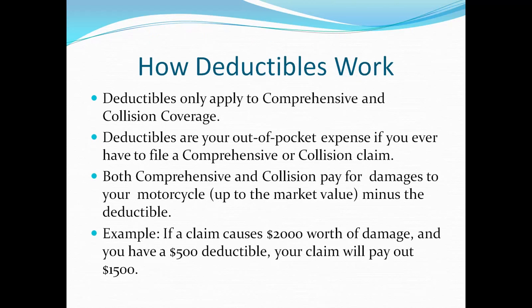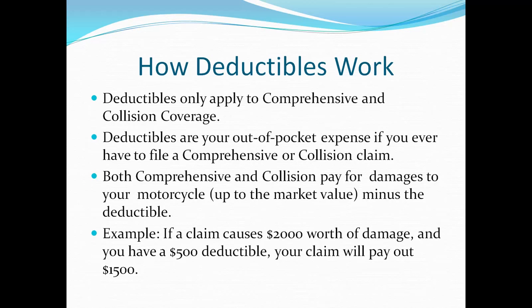If you choose to take out comprehensive and collision coverage on your motorcycle, it's important that you understand how deductibles work. Deductibles are your out-of-pocket expense if you ever have to file a comprehensive or collision claim. And the way it works is it pays for damages up to the value of your motorcycle minus whatever deductible you took out.